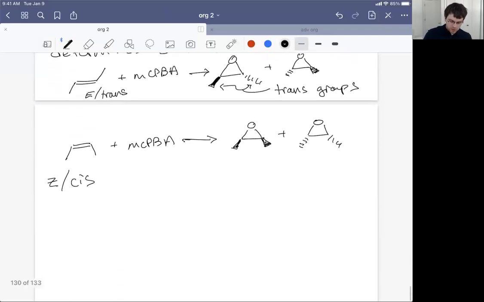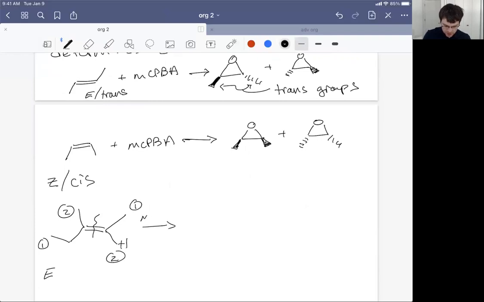Now, if we had multiple groups, we should be aware of the relative relationship of the two. I would call this an E alkene because we have 1, 2, if we cut this in half, and then 1 compared to hydrogen, which is 2.